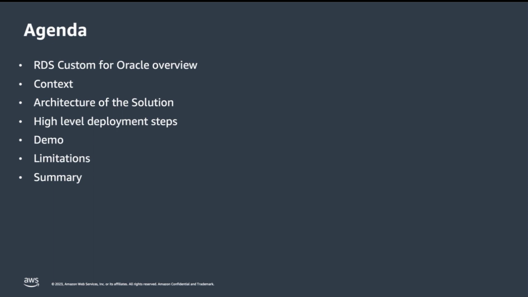Then Arnab will take over and talk about the technical details on how we have built this solution and also the high-level deployment steps. It will then be followed by a demo by Sharat, and we will conclude with summarizing what this solution does, how it can help you, and we'll also share some resources at the end.